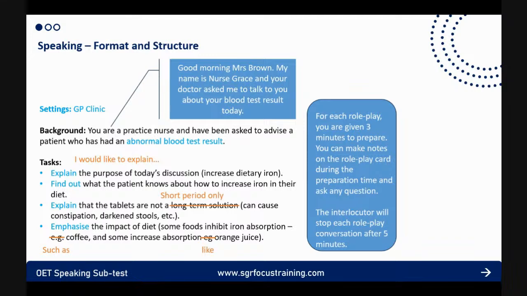Okay, those three, find out, ask, and explore, they mean exactly the same thing, which is to ask your patient a question. So in here, we're going to find out what the patient knows about how to increase iron in their diet. So typically, you'll say, may I ask, what do you know about increasing iron in your diet? Okay, so it just simply means that go and ask your patient a question.